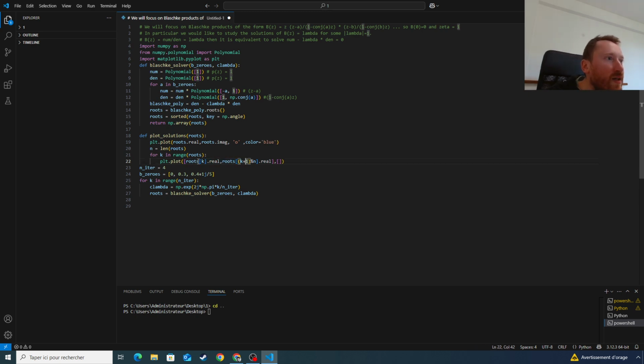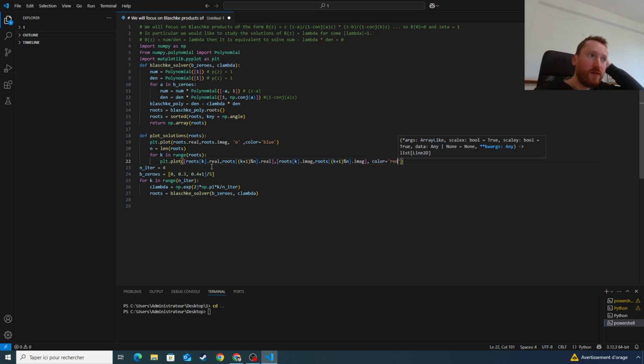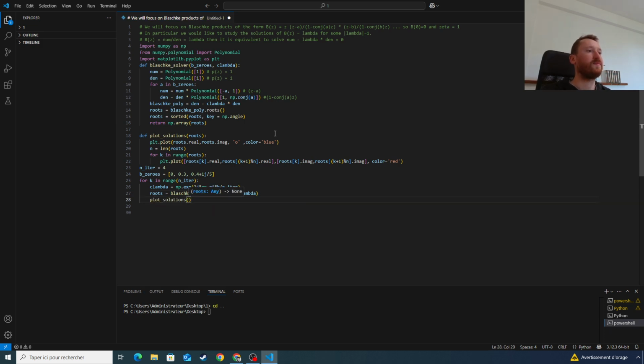Same thing for the imag. Color red. And then we are done, I think. Yes. Plot solutions of roots.